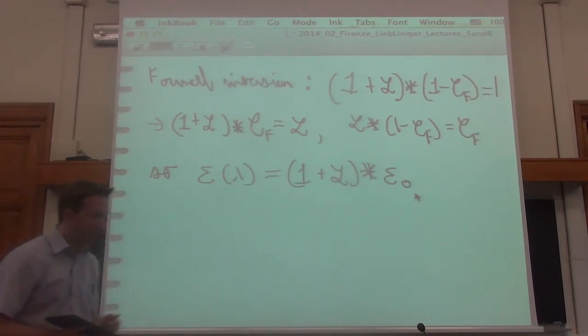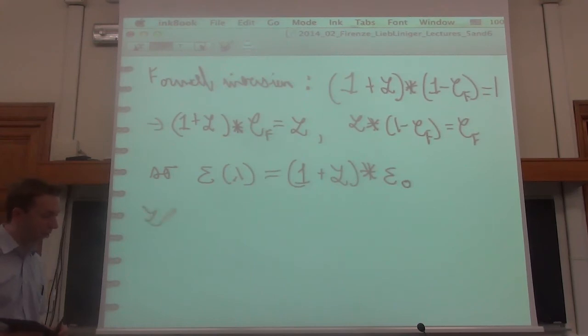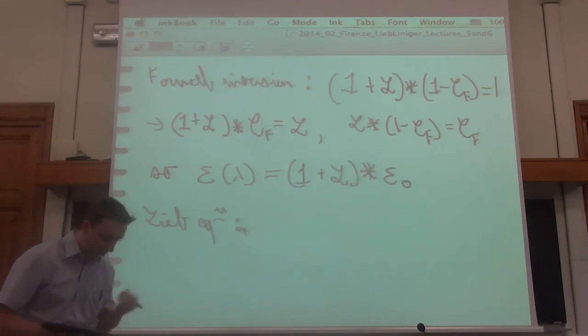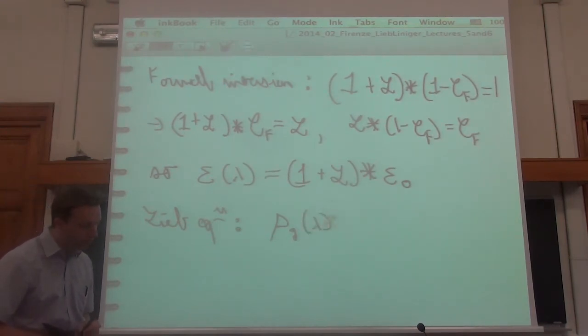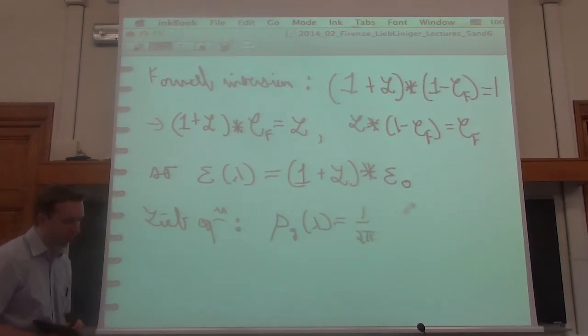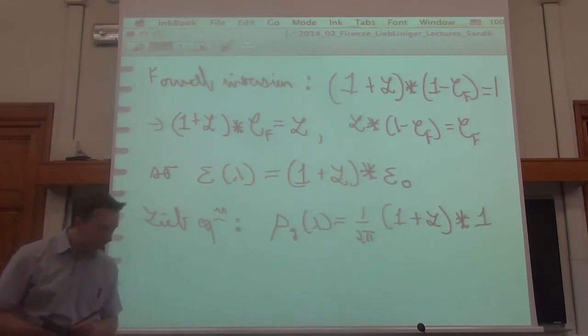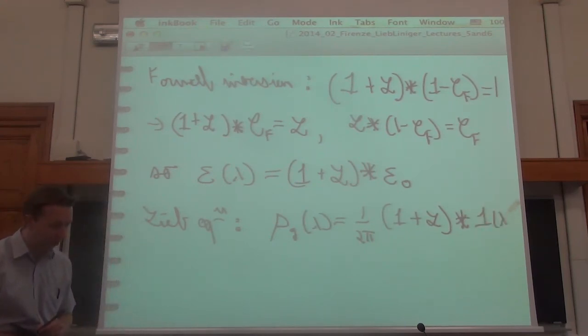Okay, the Lieb equation, you can also formally solve it. Let me now give an index g to specify that it's the ground state: rho ground state of lambda is just equal to 1 over 2 pi times the operator 1 plus L convolving the 1 here, kind of 1 of lambda if you use the notation.